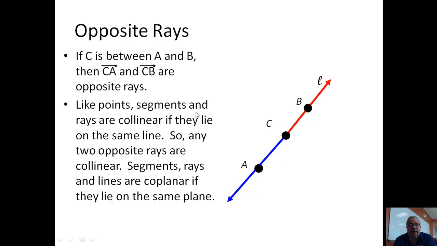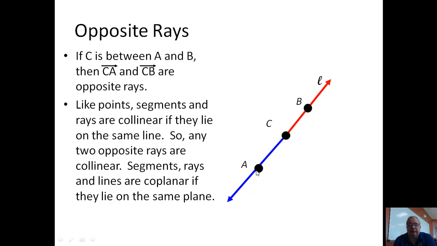Points, segments, and rays are collinear if they lie on the same line. We're going to talk about this much more in class tomorrow, but collinear means that points lie on the same line. In the word collinear, you see co. Think about co-worker. Any teacher in here is my co-worker. We work at the same place of business or the same school. So we're co-workers.